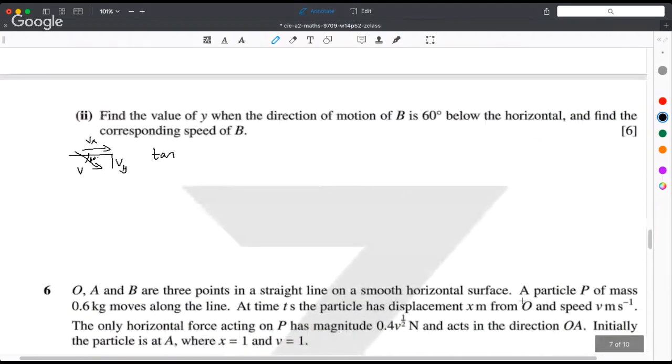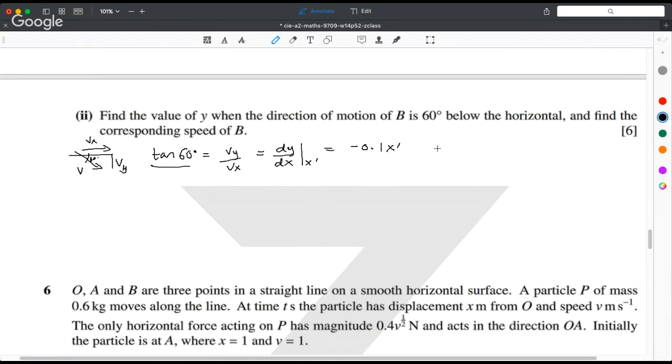Okay, so now they want us to look at some later stage. So again, we use this tan business. So we have a tan of 60 degrees, where it's opposite over adjacent, right? Vy over vx, which again is dy dx, evaluated at this x prime. And therefore, this must be equal to minus 0.1 x prime. You know, dy dx is minus 0.1 x, and we're evaluating at some x prime, so it's minus 0.1 x prime.